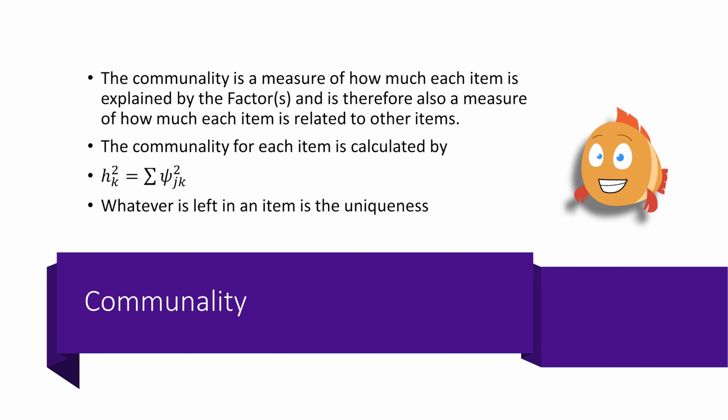And we can calculate this commonality, denoted here as h sub k squared, just as the summation of all those psi's. And whatever is left over, whatever is not explained by this commonality, is uniqueness.